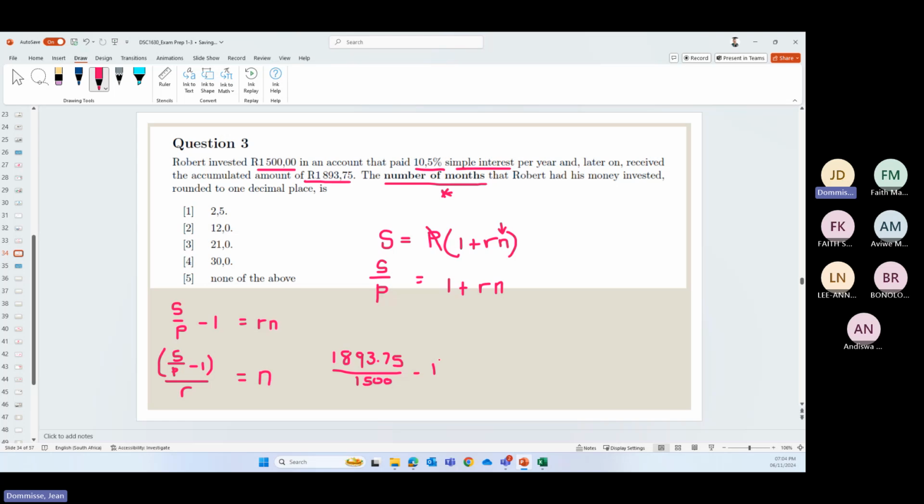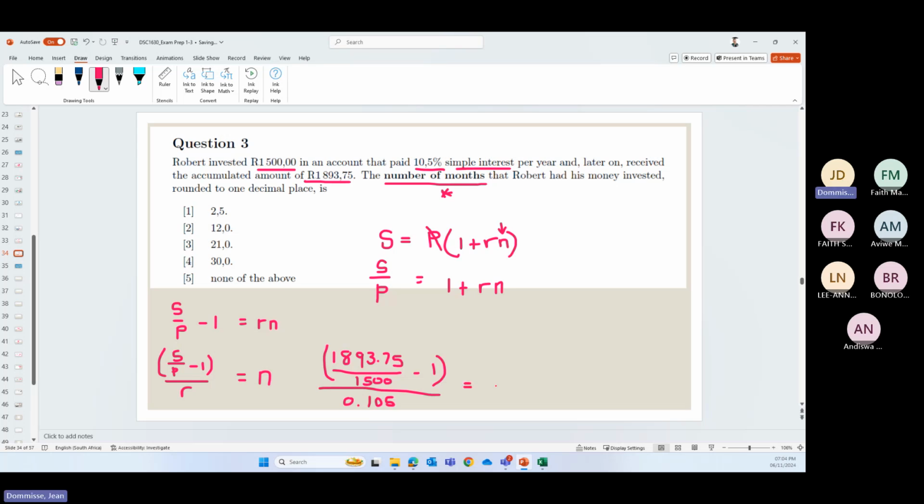That we will subtract 1 from, and then we will say, okay, that is divided by simple interest of 0,105.